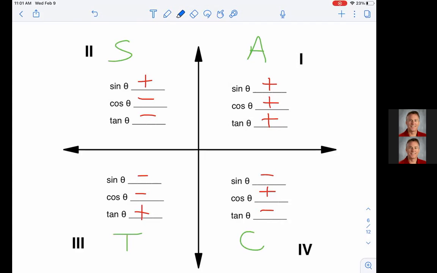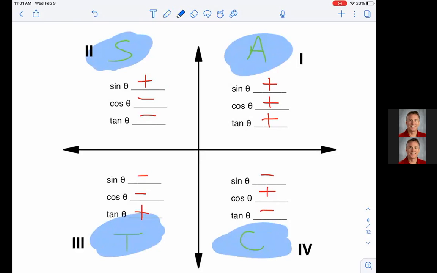And so a little mnemonic device is that all students take calculus. All students take calculus. Okay, if you want to help remember which ones are positive in which quadrant. Any questions?